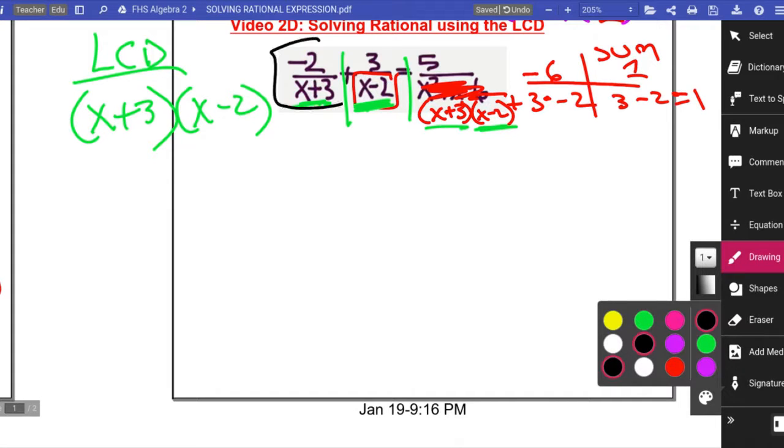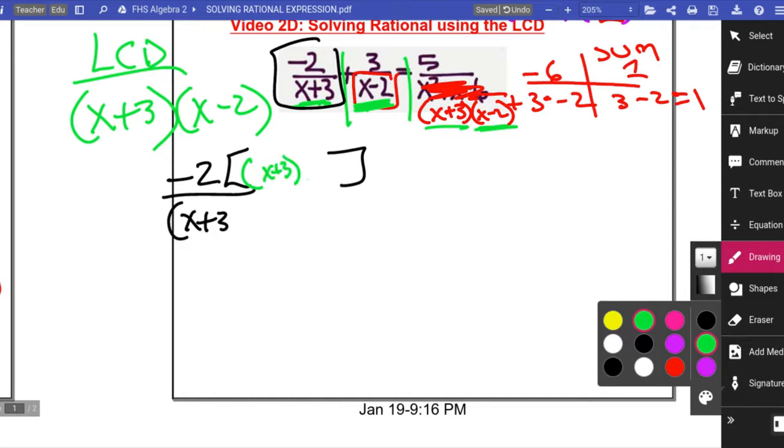You're going to rewrite this over here, and then you have room for your LCD, which is x plus 3, x minus 2. Cool. Now you're going to rewrite the next one: plus 3 over your x minus 2 at the bottom.